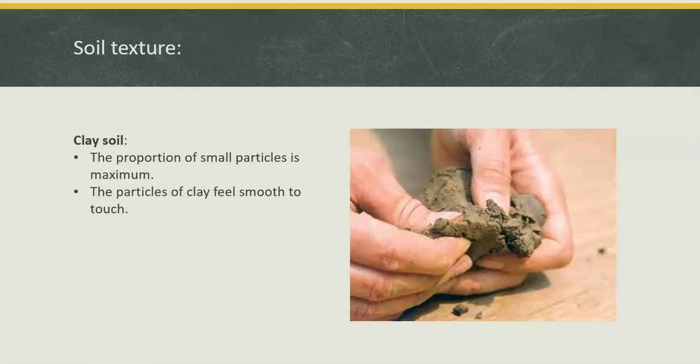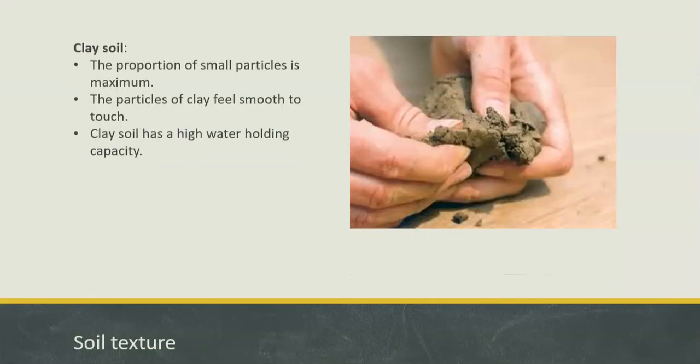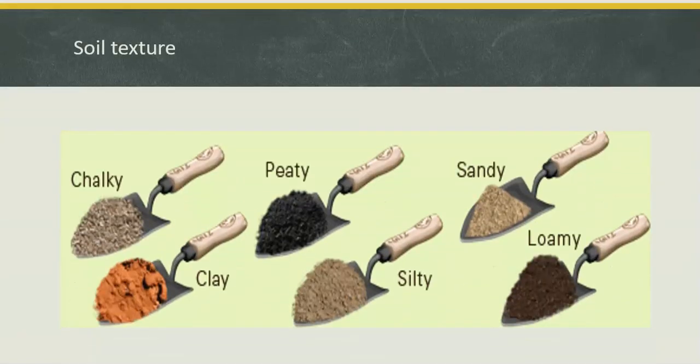The particles of clay feel smooth to touch. Clay soil has high water holding capacity. That is why it is extremely sticky, and this type of soil is not suitable for cultivation. Here you can see a few more types of soil: chalky soil, peaty soil, loamy soil, etc. You will study about these in detail a little later.